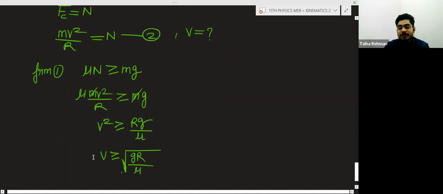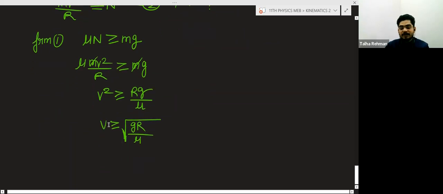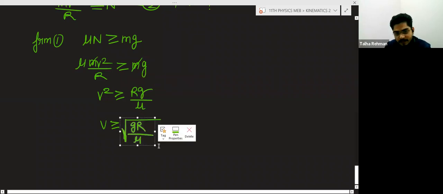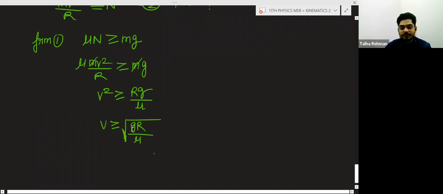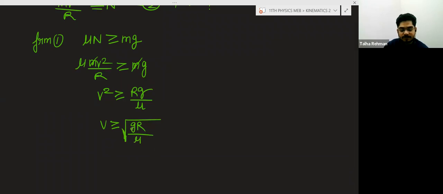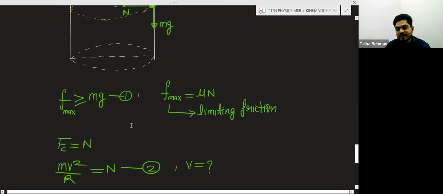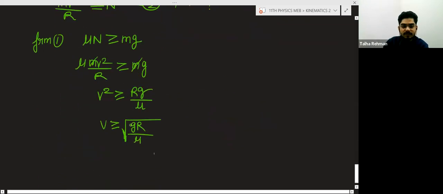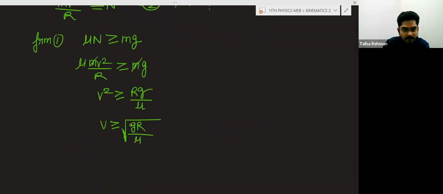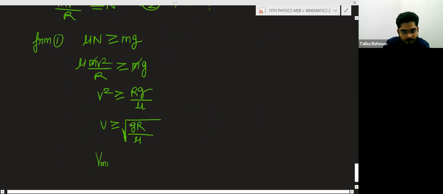So now you can see here the speed of the biker or the speed of the bike must be either greater than this value or equal to this value. So we can say the maximum value of the speed. Okay, not the maximum. What is asked here? The safest or the minimum value of the speed. The minimum value of the speed is equal to under root of gr by mu.